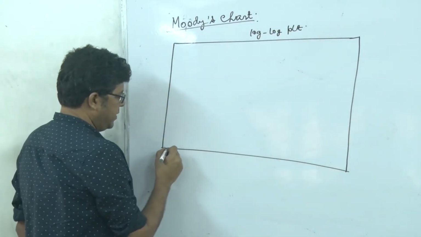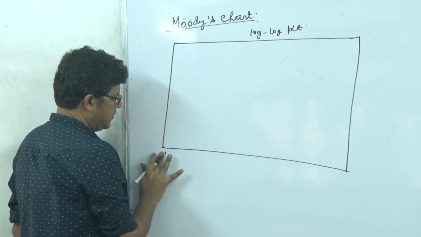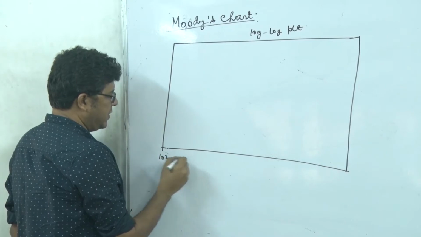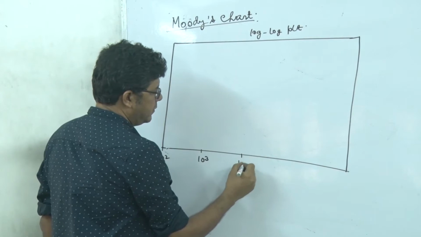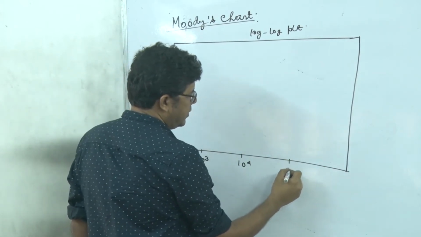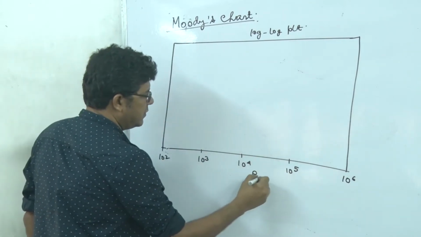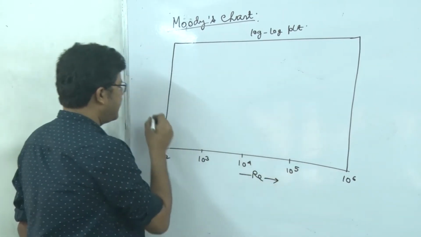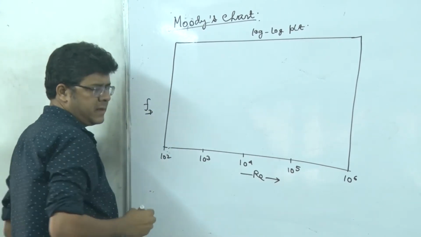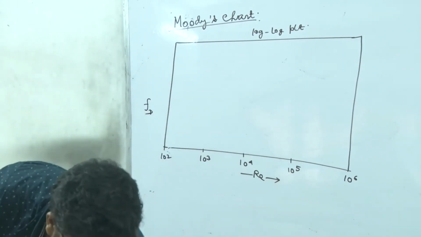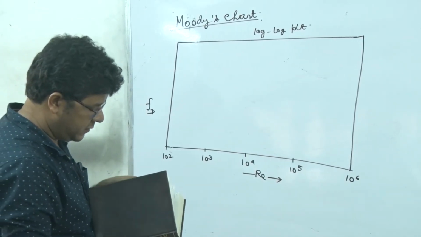Here we have chosen 10 square, 10 cube, 10 to the power 4, 10 to the power 5, 10 to the power 6. So this is the Re axis, and that will be the Fd, and the standard scale for Fd is this.